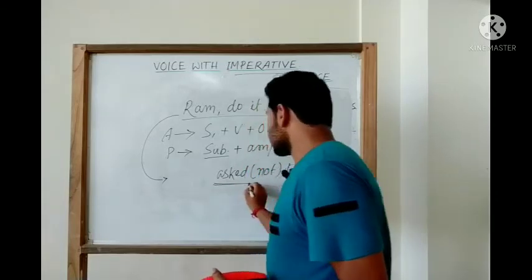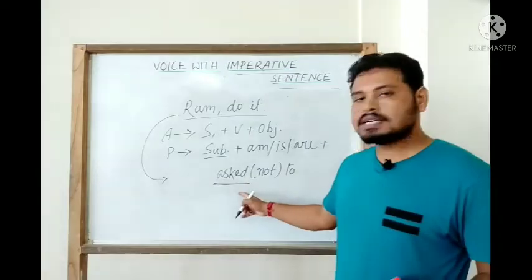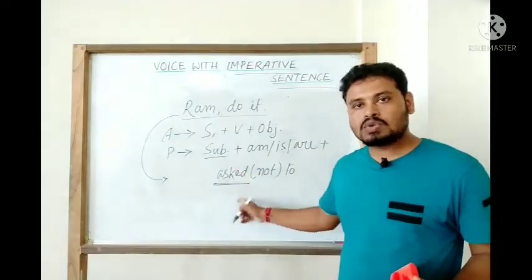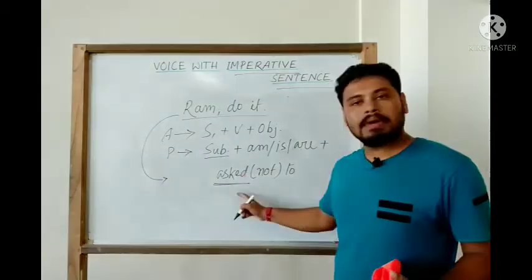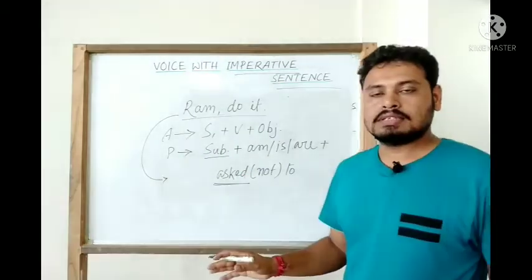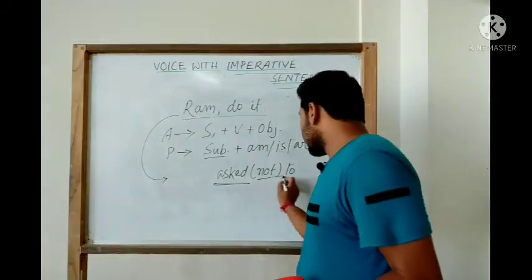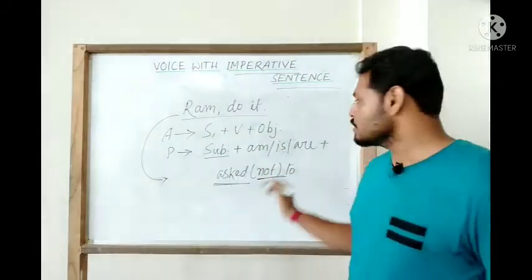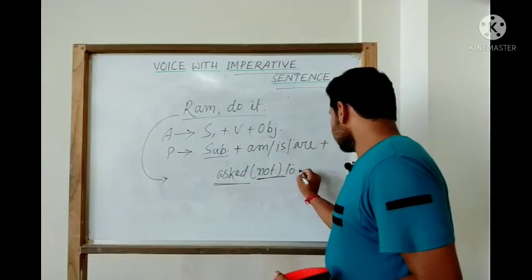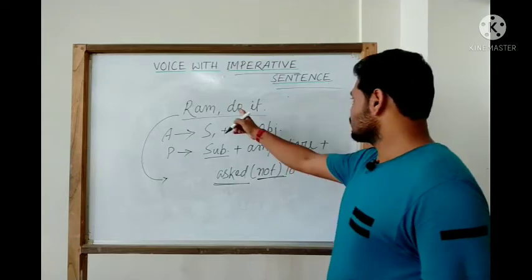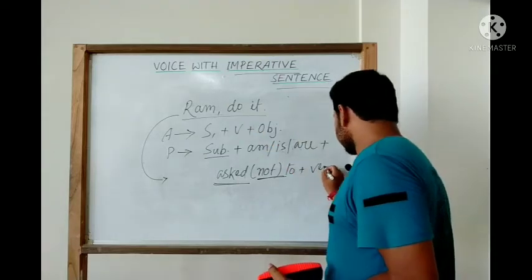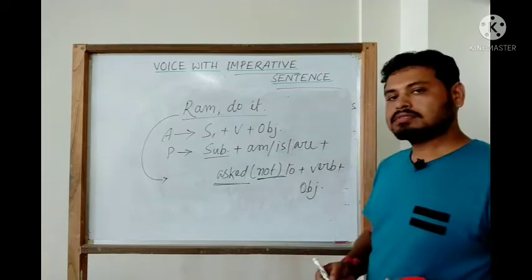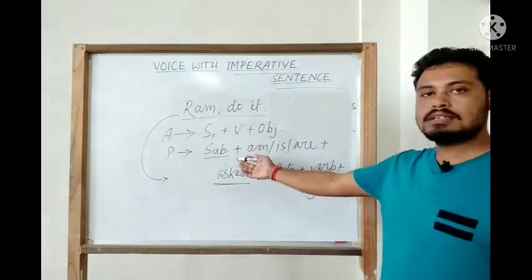In place of this asked, ordered, advised, requested, told, commanded, anything you can use. Now why this not? Just like the previous one, if the sentence is in negative, not to, then plus the verb plus object. So this is the particular structure.